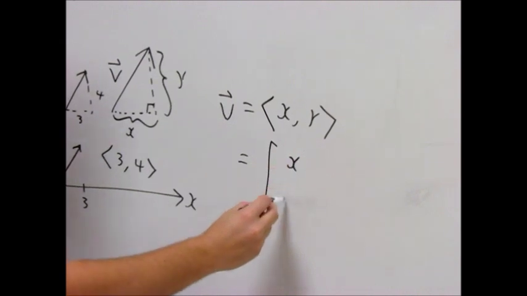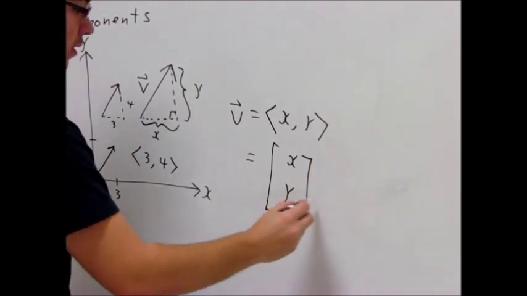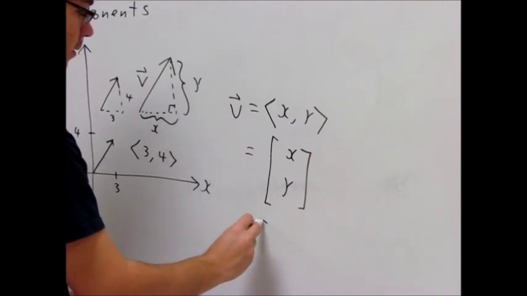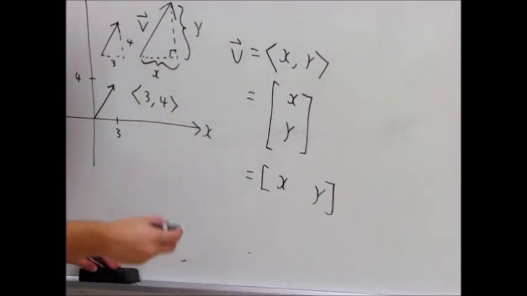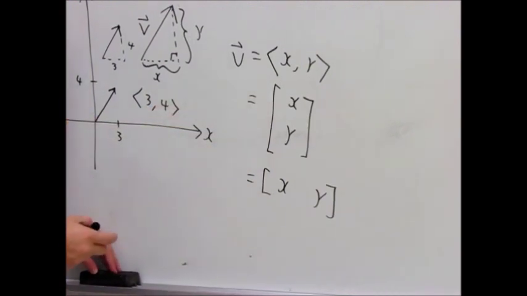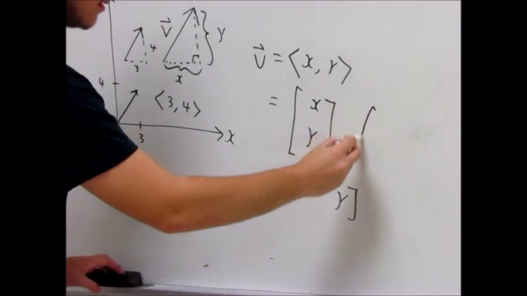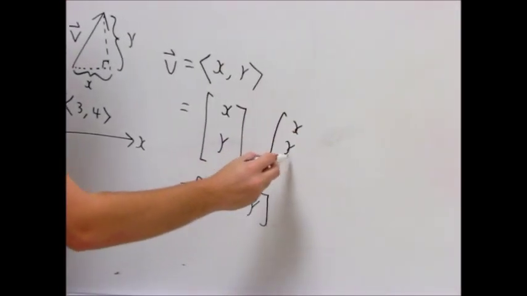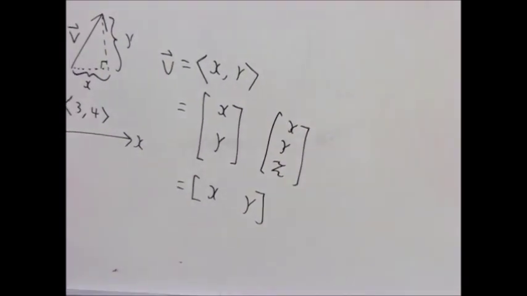So it's x and y. Or you can have it as a row vector, x, y. But more commonly, we see the matrix like this, and you have x, y, z.